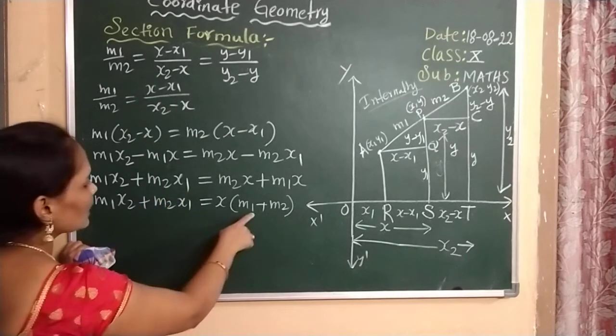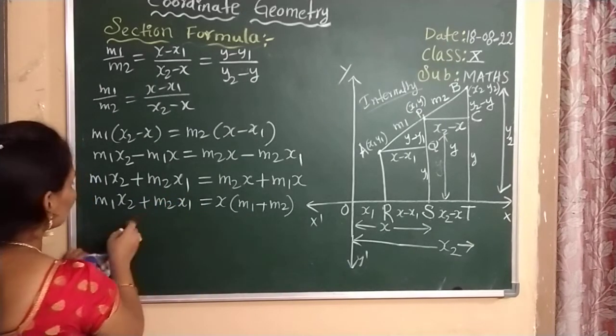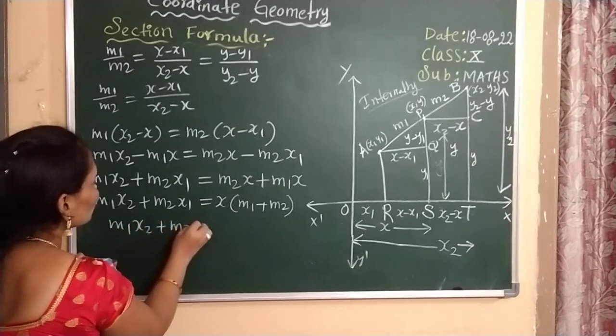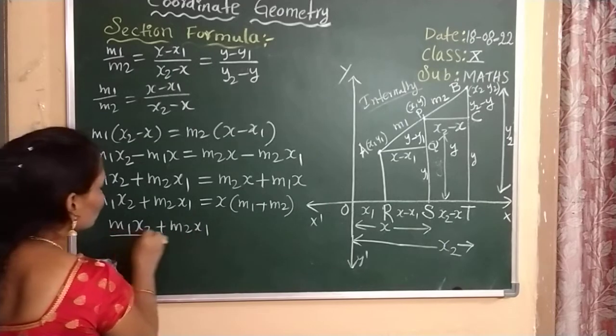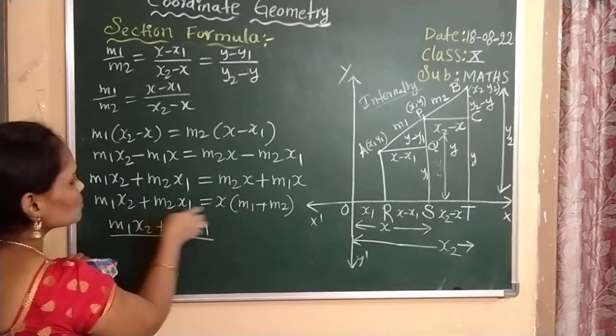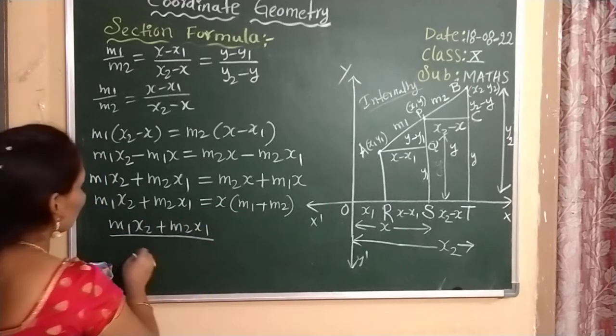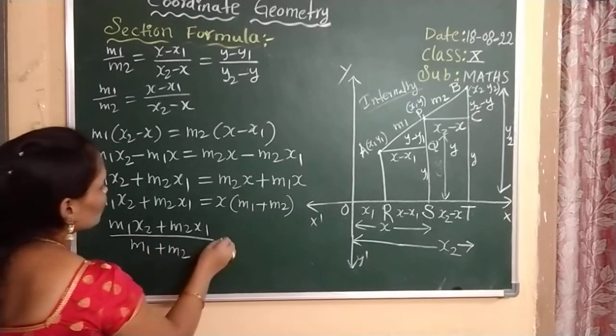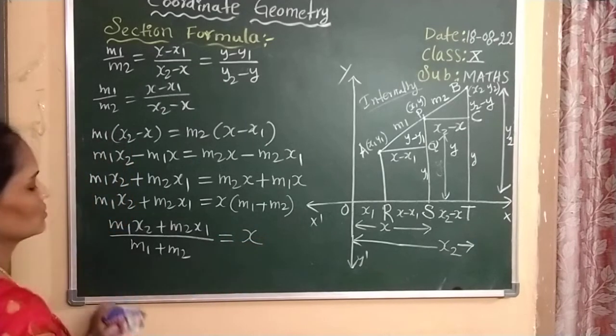After that, take the transpose of this term. So you will get m1 x2 plus m2 x1 as it is, divided by m1 plus m2, which is equal to x, since the transpose of multiplication gives division.